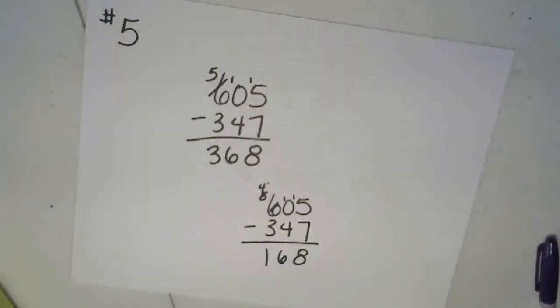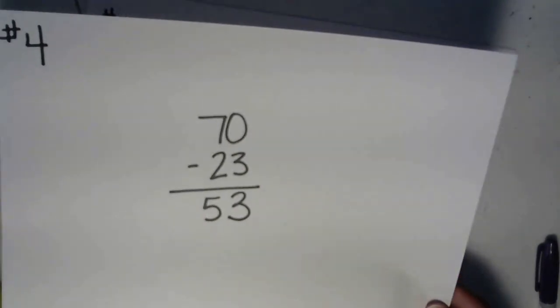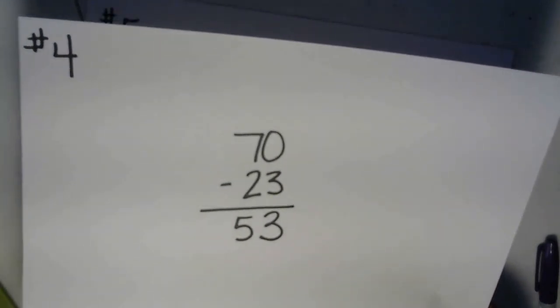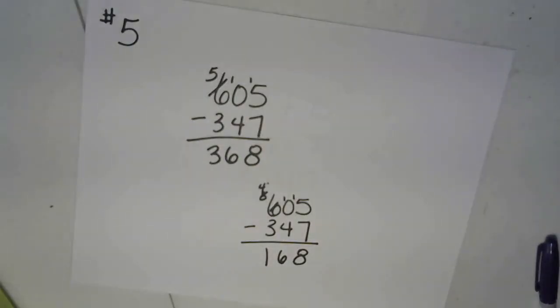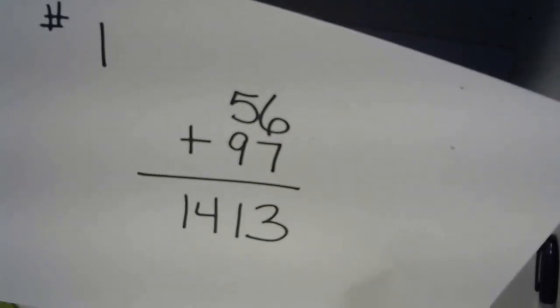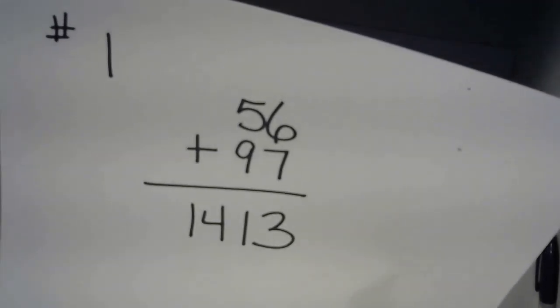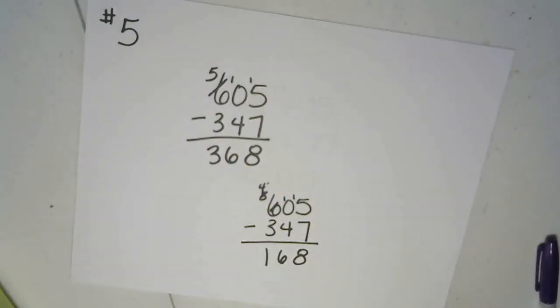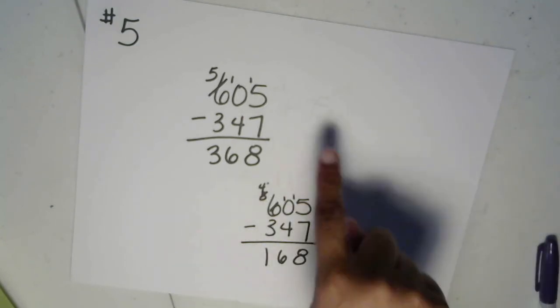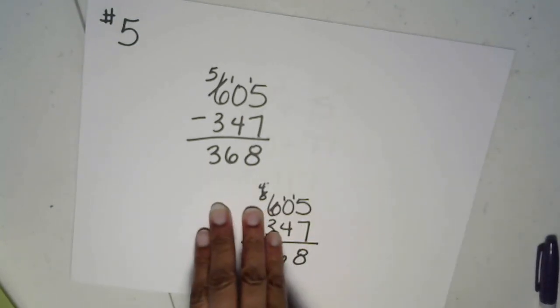This one too. And then with regrouping, a lot of times they'll subtract like this. Or when they add, they don't know place value. So 6 and 7 is 13, 5 and 9 is 14. Bam, there's my answer, 14, 13. So how can I help students who have a regrouping problem?